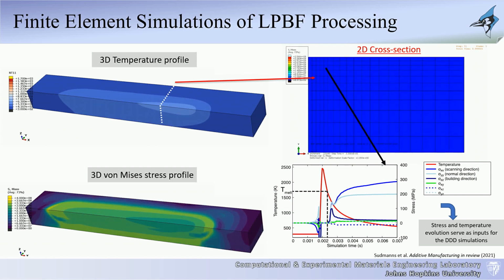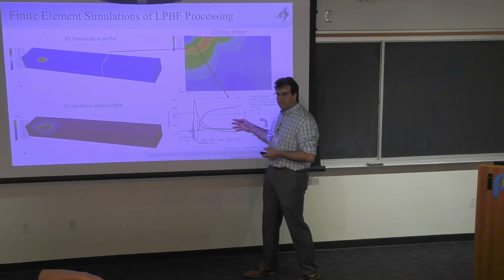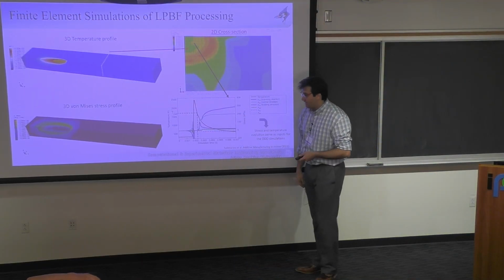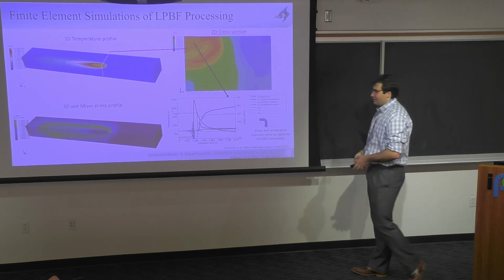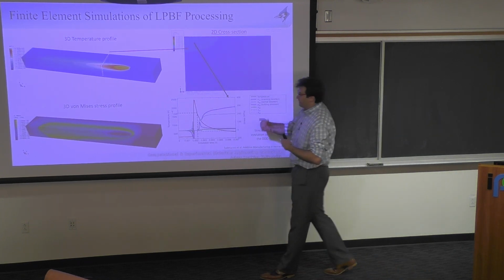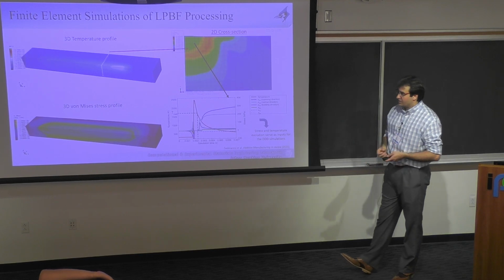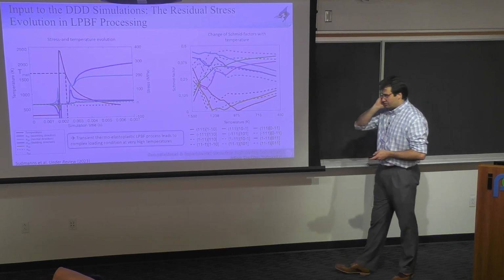So now I have a temperature profile and an associated stress profile. It's a multi-axial loading stress state that you can put into your discrete dislocation dynamics, knowing the cool down and the temperature that you're at. You know what the stresses are, and thus you can do an actual simulation with discrete dislocation dynamics.